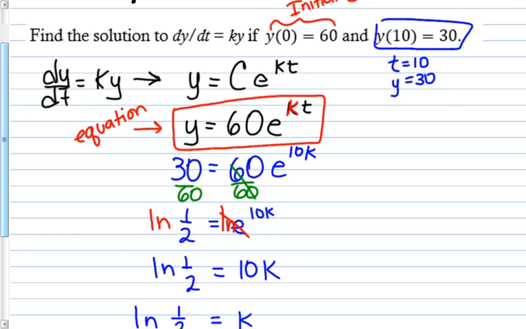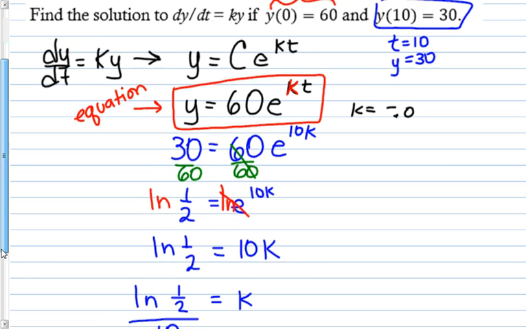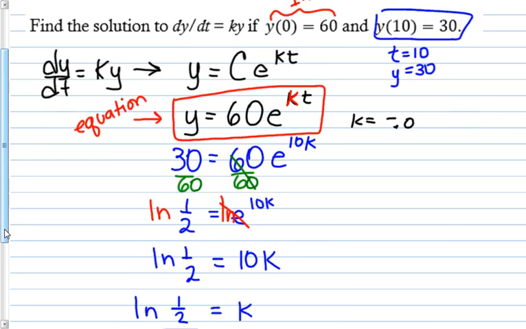So to complete it, you're actually allowed to say, here's my equation, and k equals negative 0.06931. You can say y equals 60 e to the kt power, k equals whatever. Okay, you can do that.